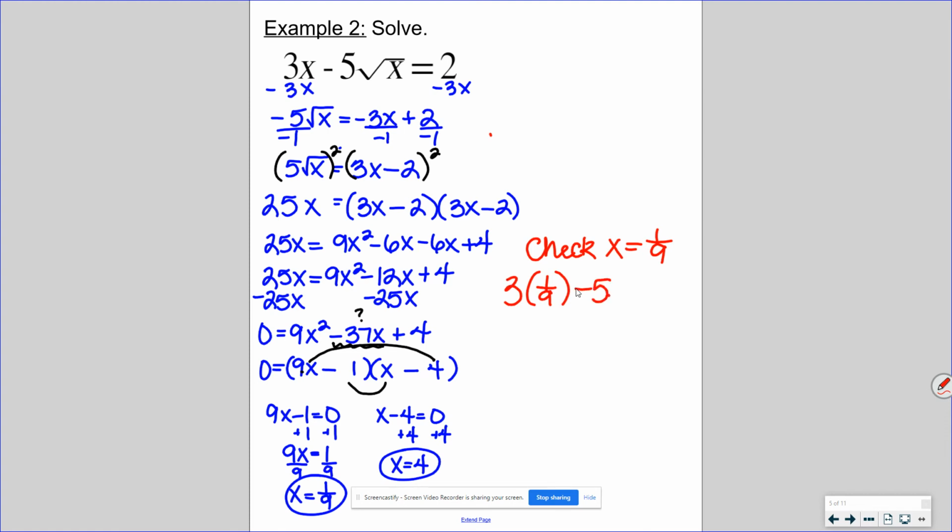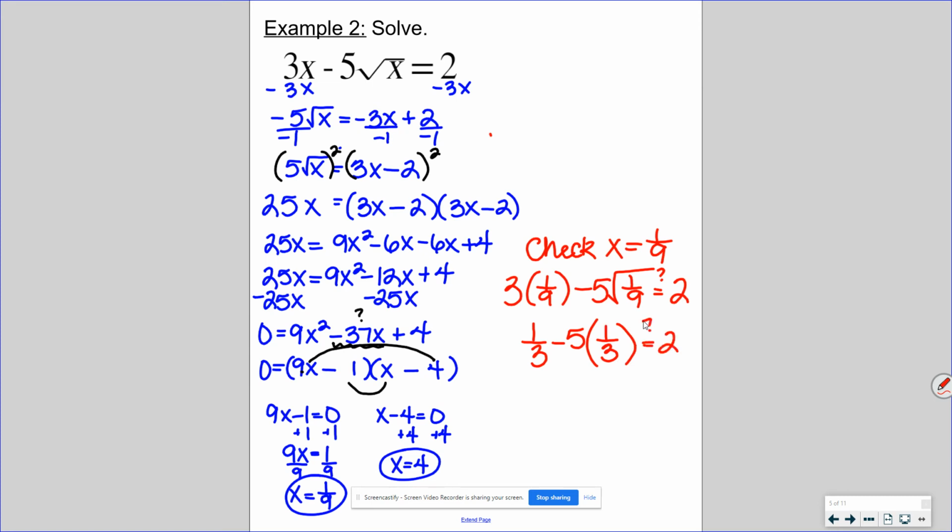And you can use a calculator for this. So if this is too confusing, don't worry, just grab a calculator. I'm going to go ahead without. So 3 times 1/9 would be 3/9, which reduces to 1/3. The square root of 1/9, all I have to do is square root the top and square root the bottom. So that would be 1/3.